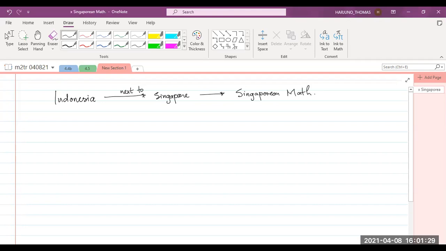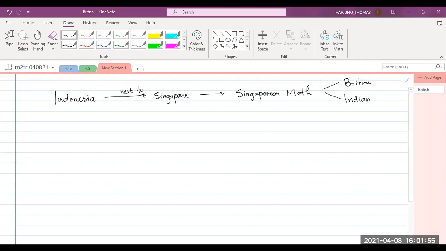Singaporean math they learned mainly from England, but there is a flavor of India there, some cultural background.